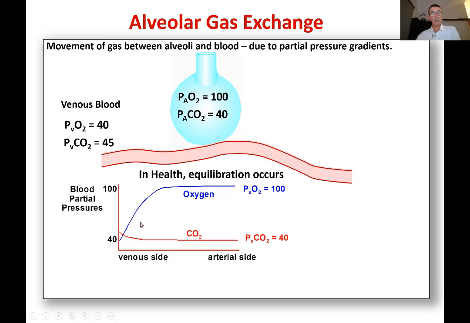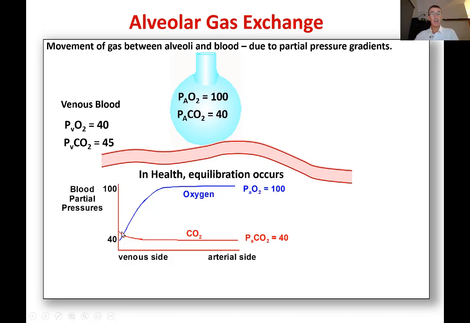So if you start with oxygen, it arrives with a partial pressure of 40 right here. Very rapidly it equilibrates with the air in the alveoli, reaching a partial pressure of close to 100, probably when it's only 25% of the way through that capillary bed. And then when it gets to the other side of the alveoli, it's got a partial pressure of oxygen of 100.